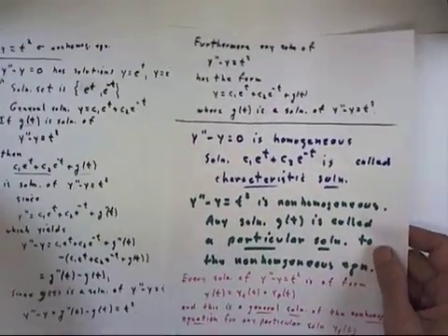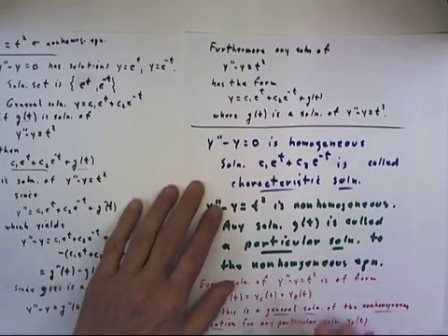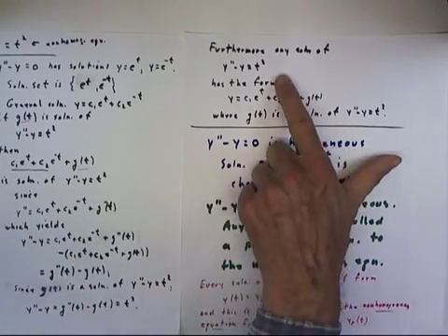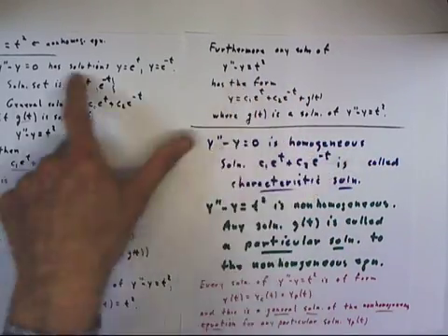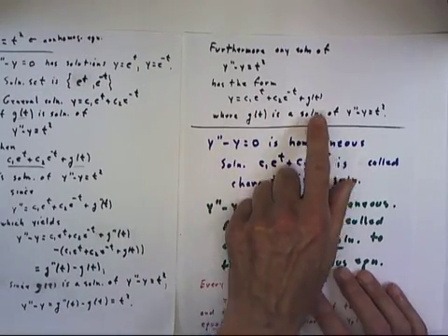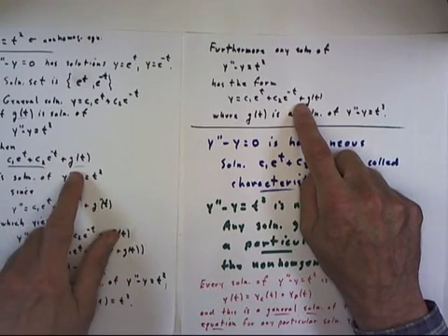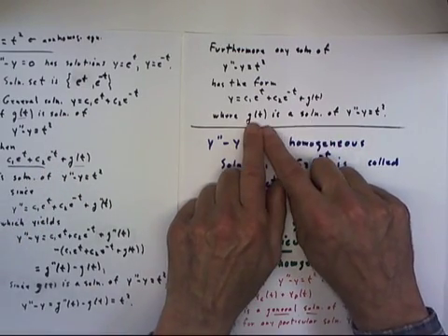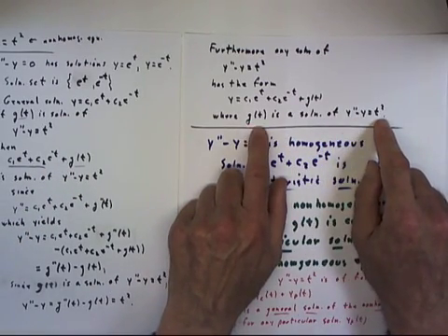Now we can say more. We can say that any solution of this original equation has to be of this form, the form of the solution we just looked at, where g of t is a solution of this equation.